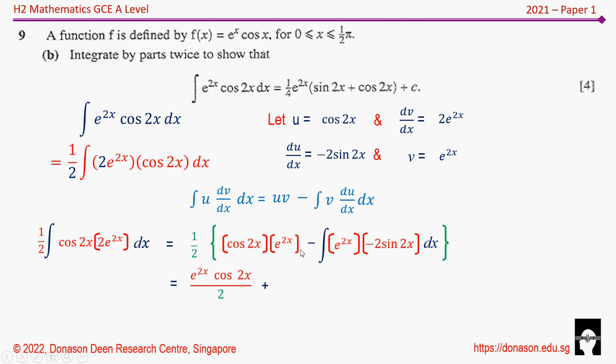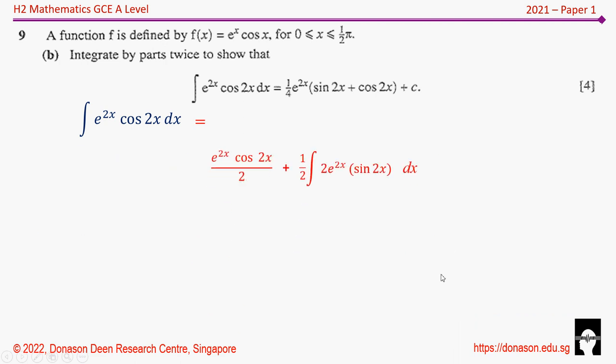If I pull out the negative and the negative, it's going to become positive. So half integral, since I have already pulled out the negative sign to turn it into a positive, inside the integration symbol is going to be 2 e to the power of 2x sine 2x, integrated with respect to x. So that is the next step.